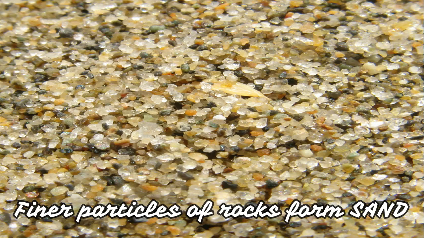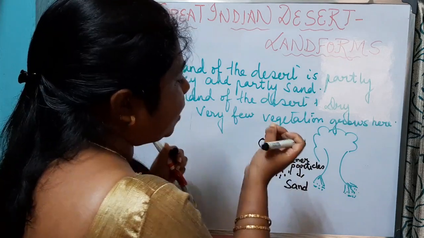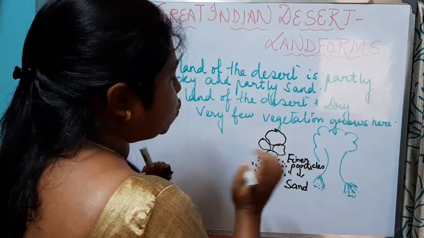Because the land of the desert is very dry, the rocks get broken into smaller and finer particles which turn into sand.